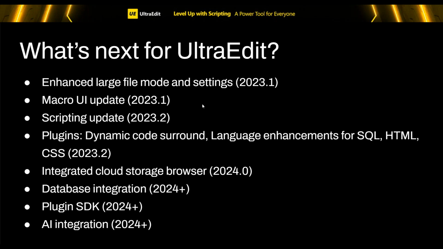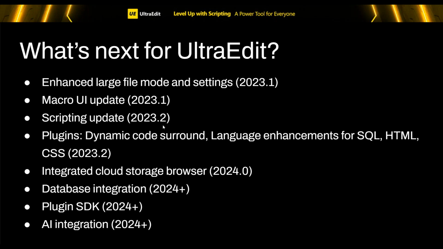Basically, that means that if you are used to working with UltraEdit's large files, like gigabytes or multiple gigabytes, that are really difficult to work with for most editors, we've taken all the settings that apply to large files and added what I'm calling a large file mode, so that you can control all those settings and those triggers, what enables large file mode, what works within large file mode, in a new section of settings within our configuration.